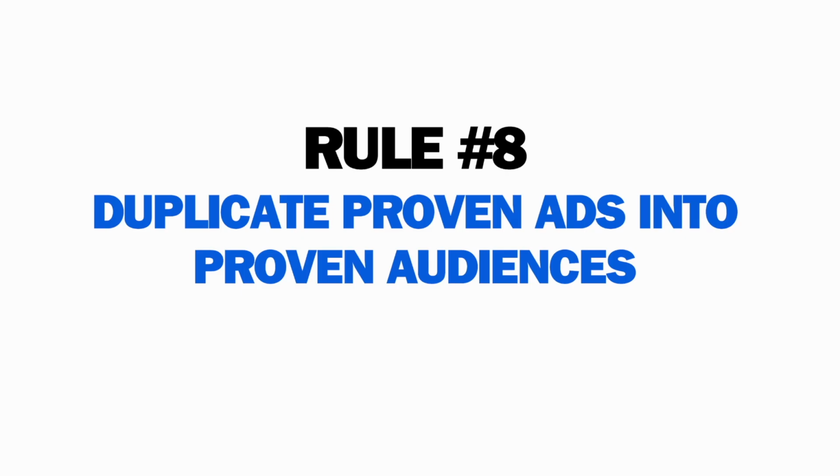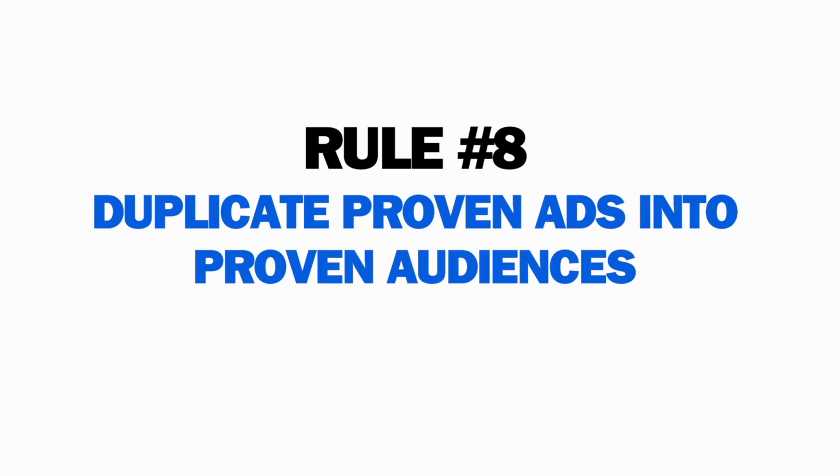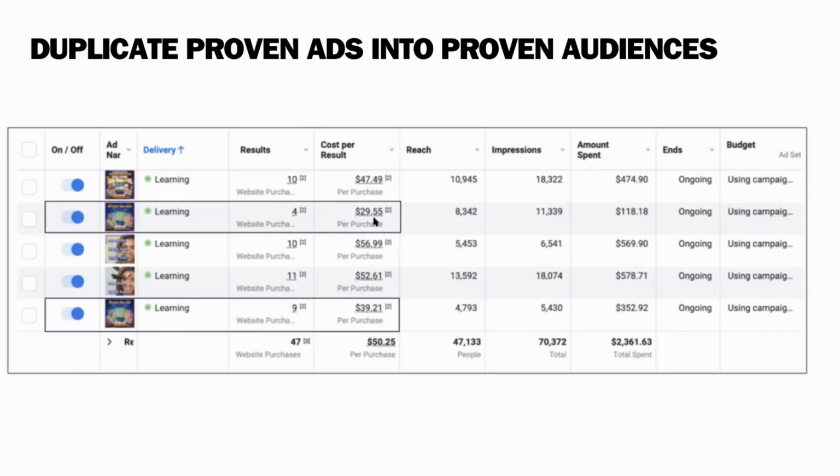Rule 8. Duplicate proven ads into proven audiences. This rule is relatable to rule 7, right? Once you have a proven ad, put it in proven audiences. Like here, CBO broad and CBO retargeting are our proven audiences.